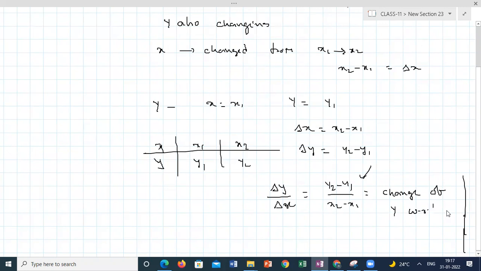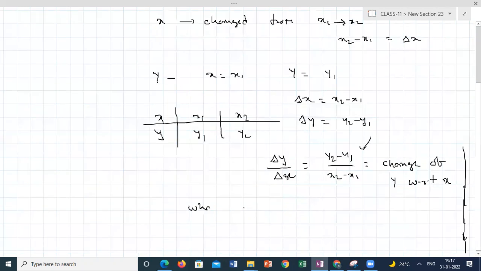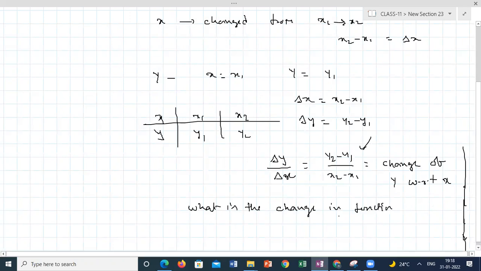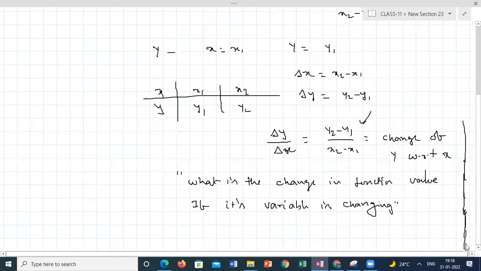What is the change in function value if its variable is changing? If the values are bigger, you can calculate.